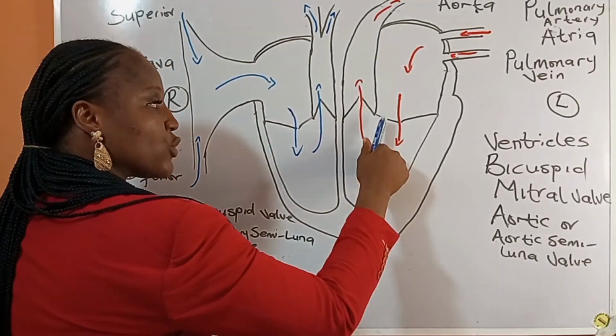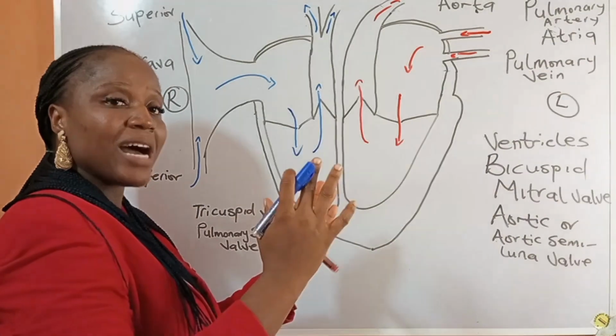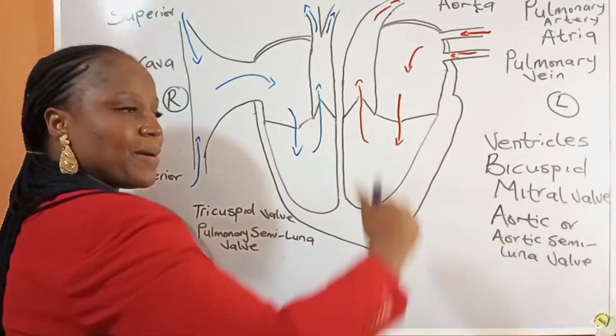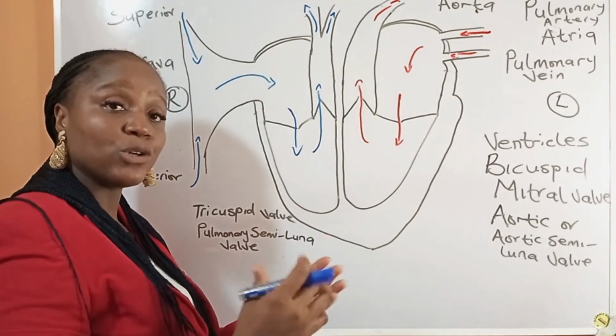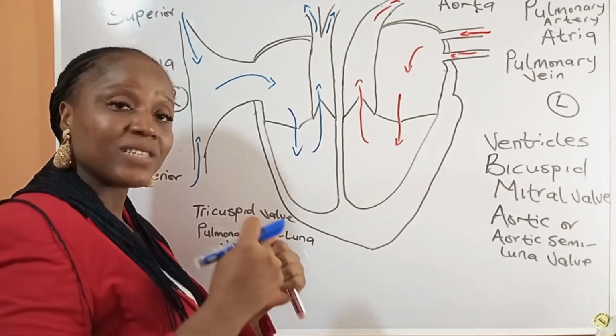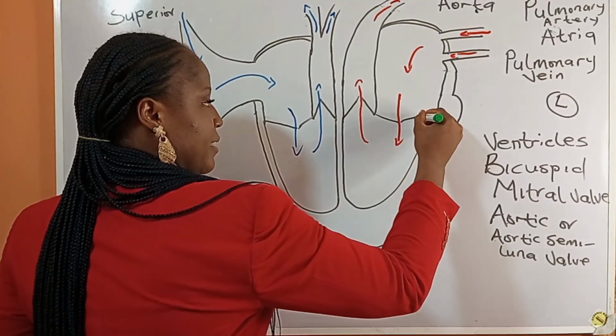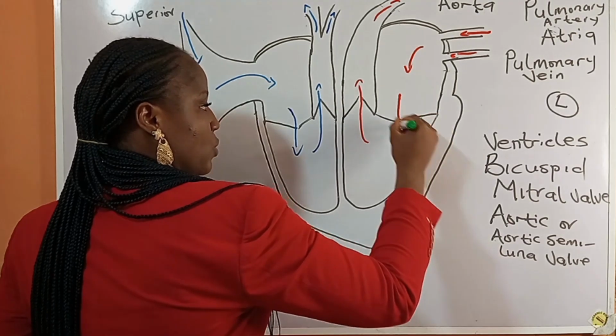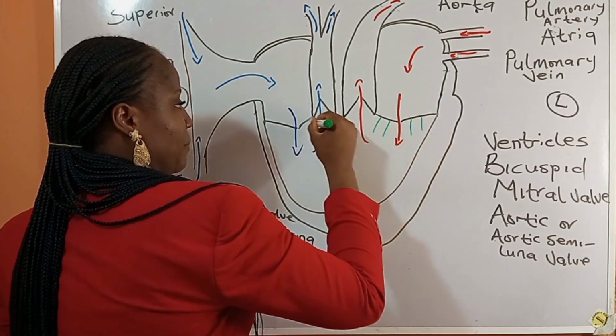So in order to ensure that this valve does not overexpand or expand backward, the valves are held strongly by a group of tendons. Yes, they are very strong tendons holding this valve in place.